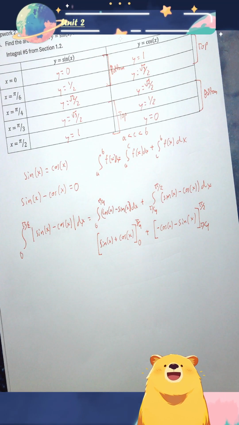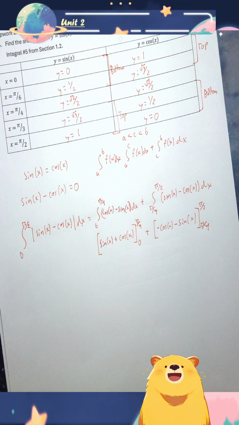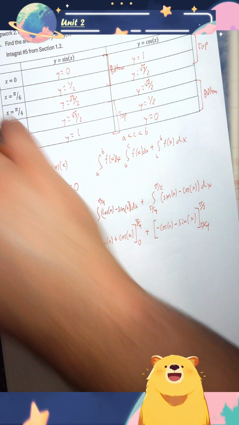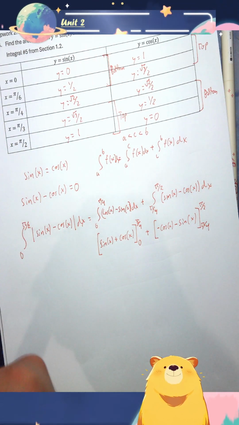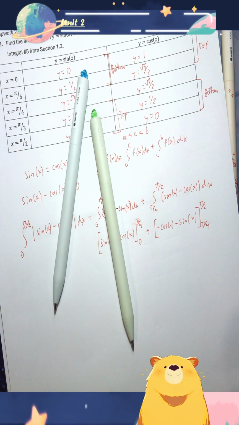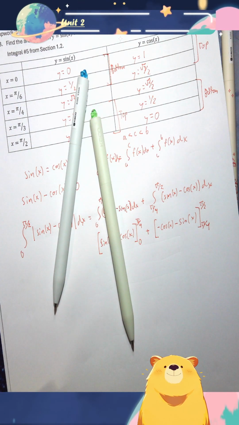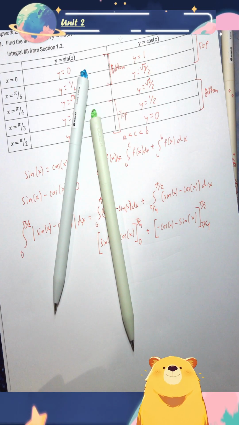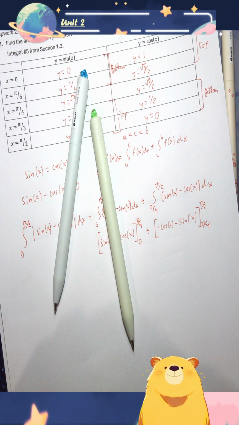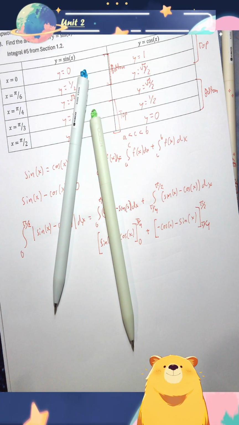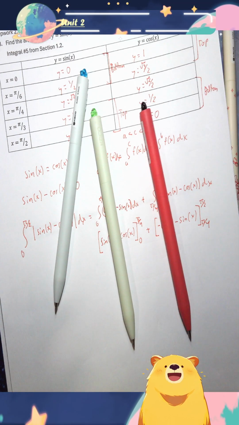We're going to go ahead and evaluate these separately with 4 sets of colors. Let's get that. I'll do a deep red and a yellow.